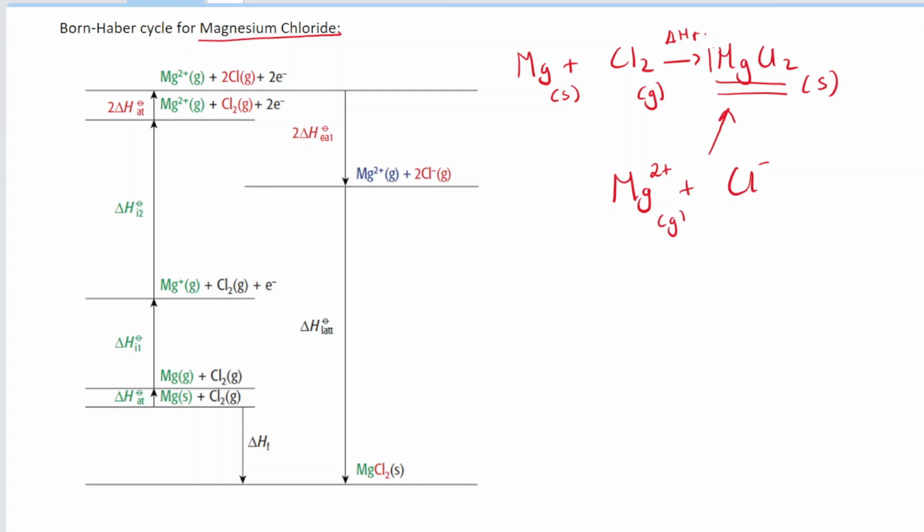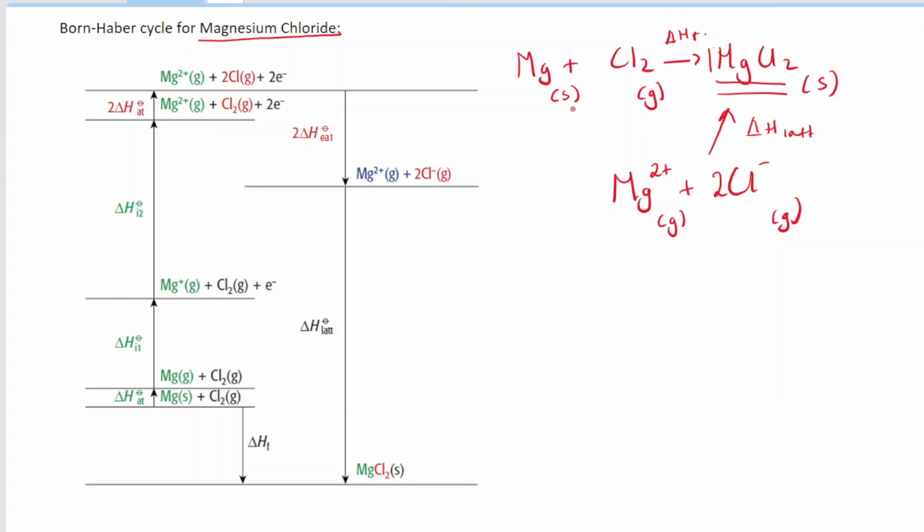And we have to balance the equation as well. So if there are 2 chlorines here, we have to keep 2 chlorines over here as well. So this will be our intermediate, which will form the magnesium chloride as a solid. And this is delta H lattice, right? Because a solid forms from gaseous ions.